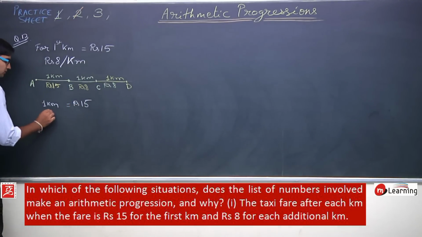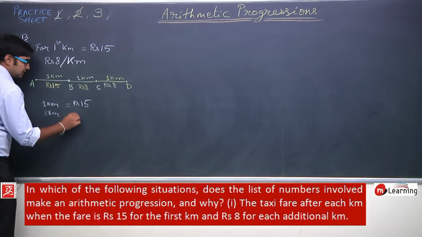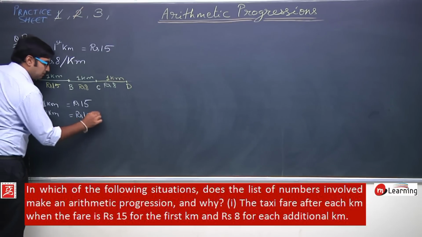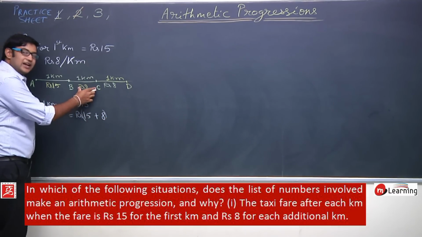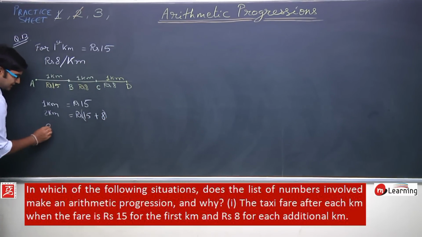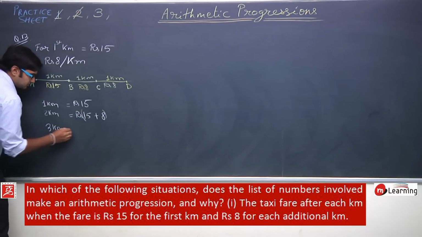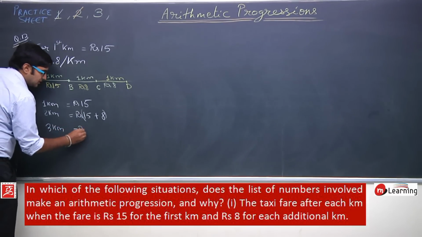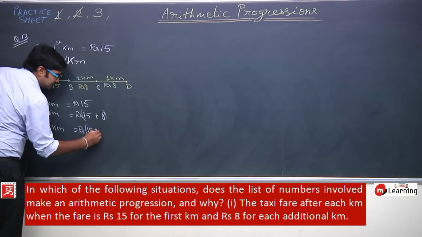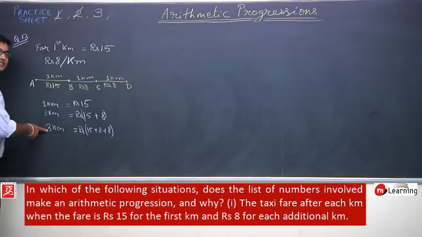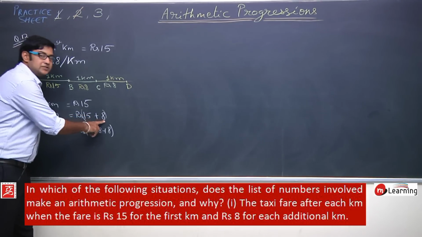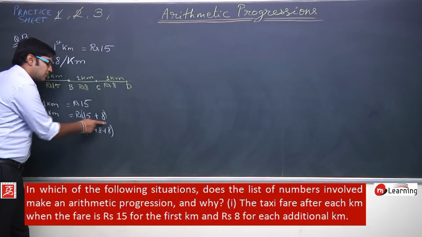For 2 kilometers I need to pay rupees 15 plus 8, where 8 is the charge for the additional kilometer. If I travel 3 kilometers, I need to pay rupees 15 plus 8 plus 8, because for each additional kilometer 8 rupees is added.